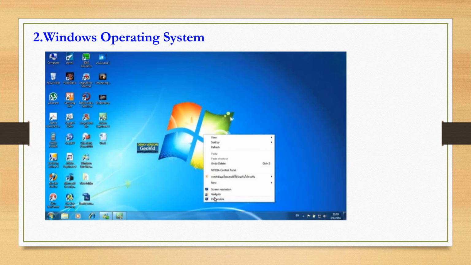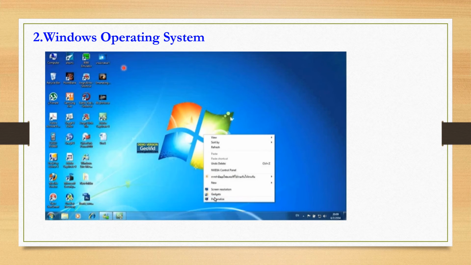The next one is a bit familiar to all of us. We know that this is the Windows operating system. At home, you must have a desktop computer or laptop. Just open it and you'll get the screen with various icons.